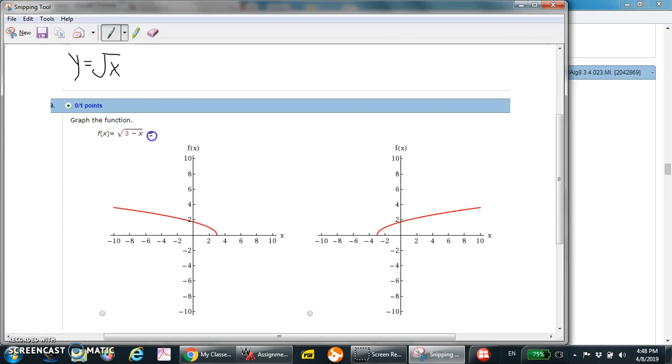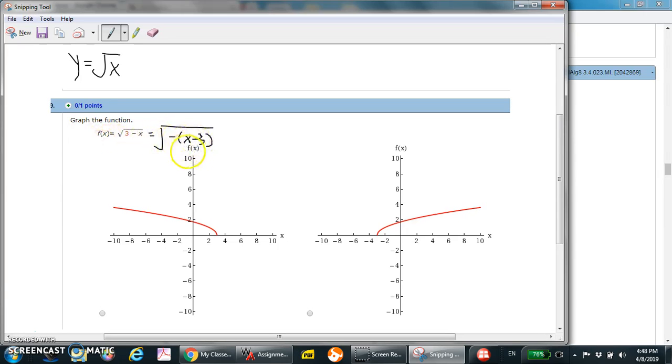If we factor out negative 1, we can rewrite the function as the square root of negative (x minus 3). So now we can say this function involves two transformations.